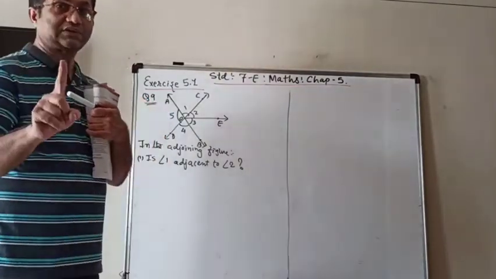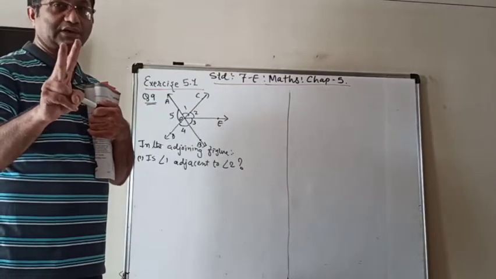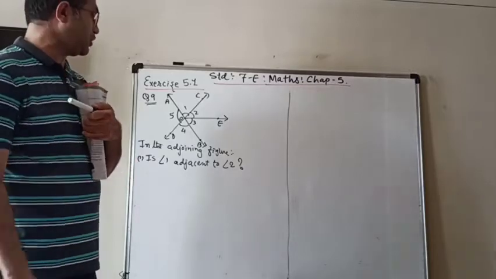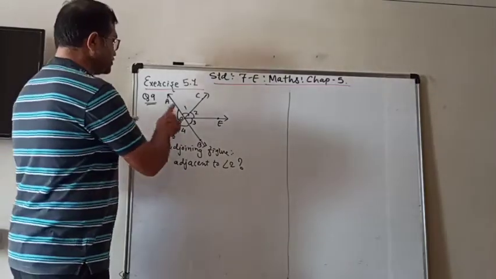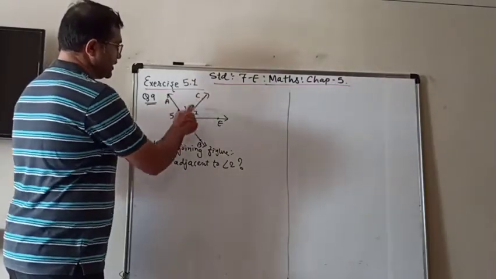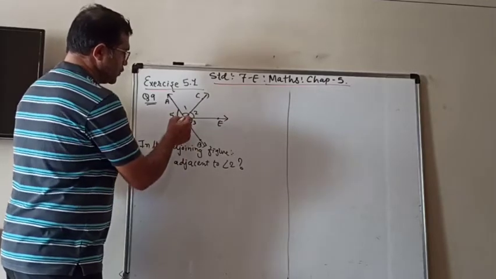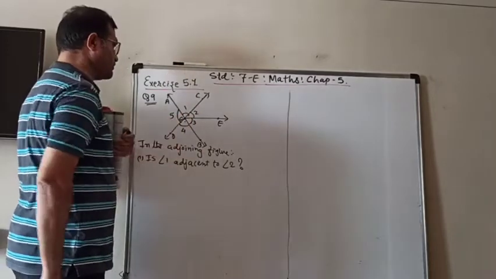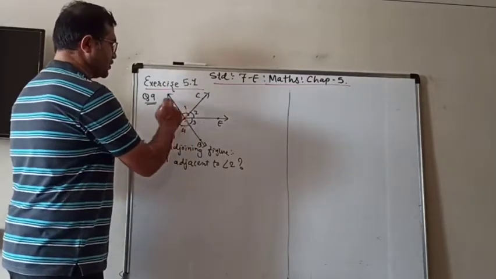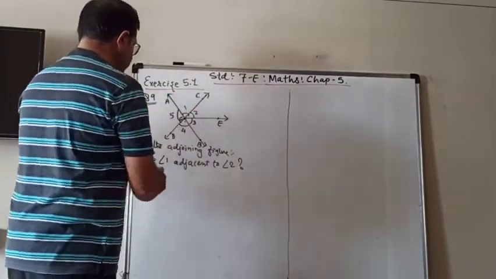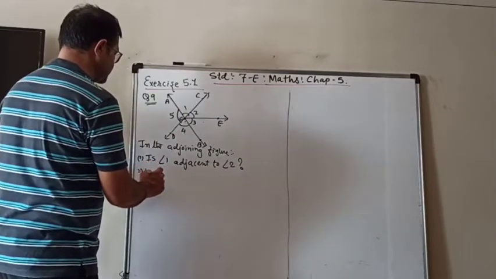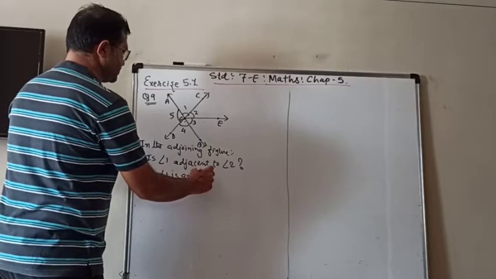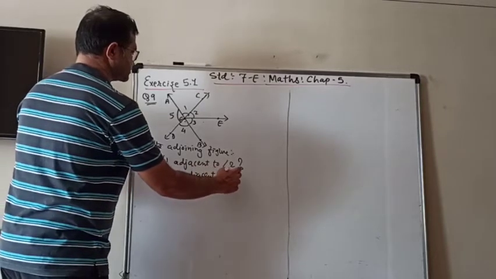First, a common vertex, second, a common arm, and third, non-common arms on the opposite side of the common arm. So let's see angle 1 and angle 2. You can see that O is the common vertex, OC is the common arm also, and the non-common arms are on the opposite side. Therefore, we can say that yes, angle 1 is adjacent to angle 2.